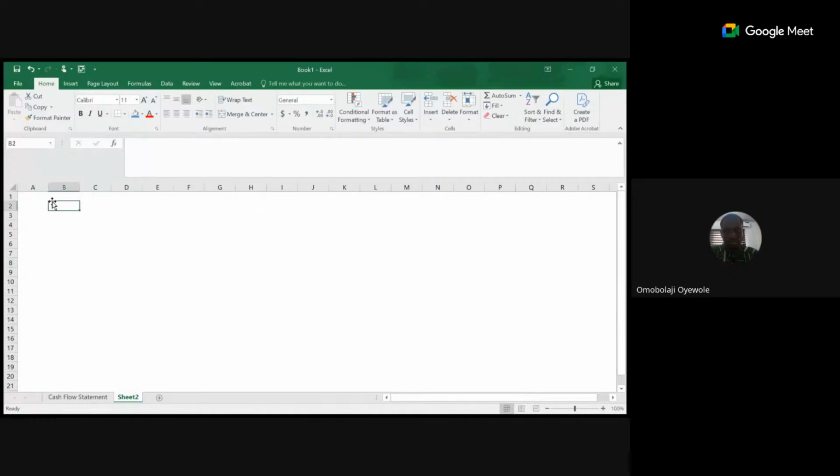The following information has been extracted from the financial statement of a company for the year ended 31st December 20X9. Requirement: present the cash flow from operating activities as they will be presented in the statement of cash flow, using the direct method and indirect method. So now let me come here.